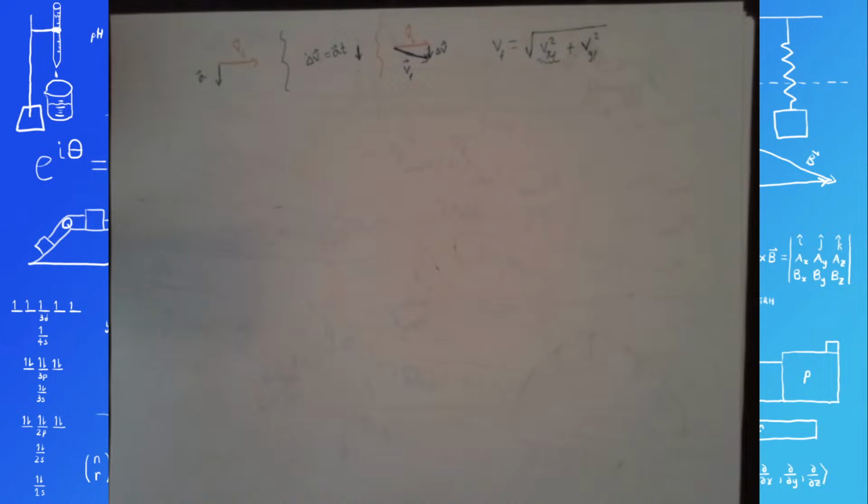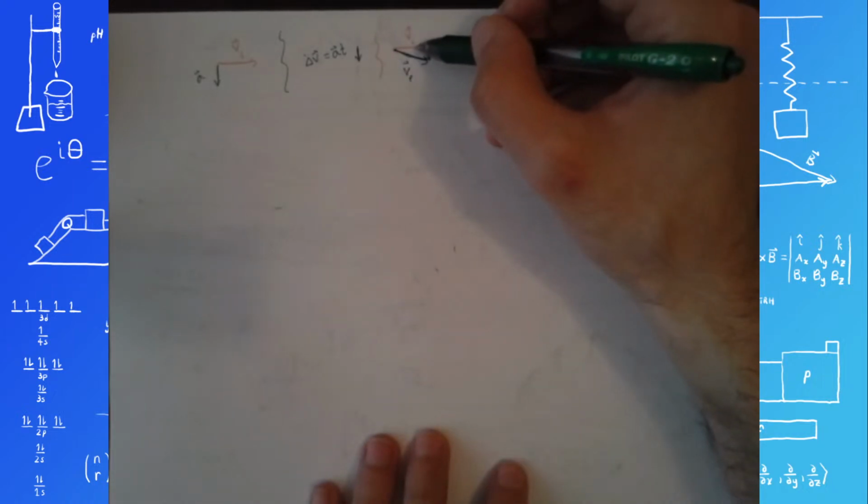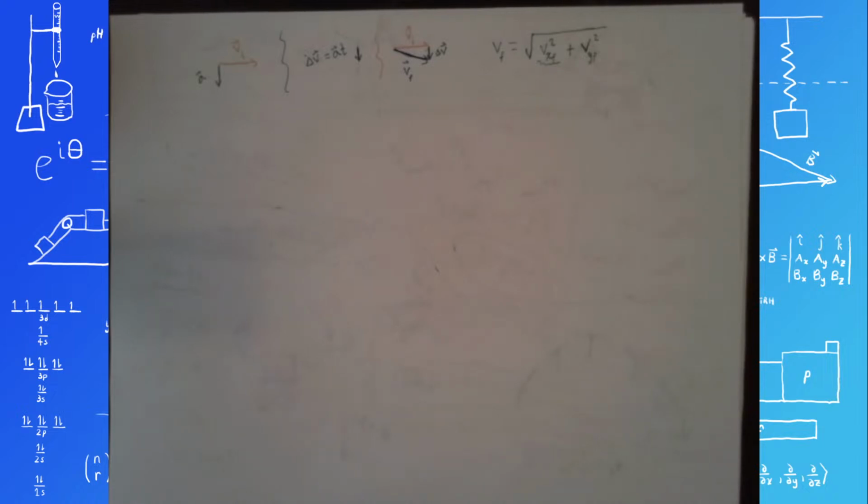But if this object has its velocity turn around, I guess I should probably be saving this for when we get to the circular motion chapter, but I feel like it's good to introduce the idea right now, just to plant the seed.